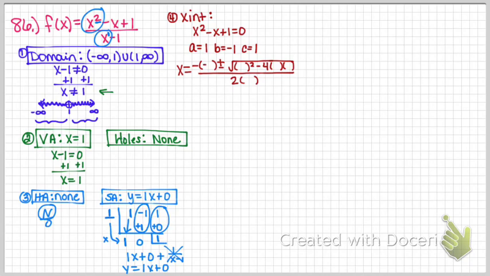So negative b plus or minus square root b squared minus 4ac all over 2a. And we're just going to work this out. So what's negative b? So 1 plus or minus the square root of 1 squared is 1. And we get minus 4 all over 2.